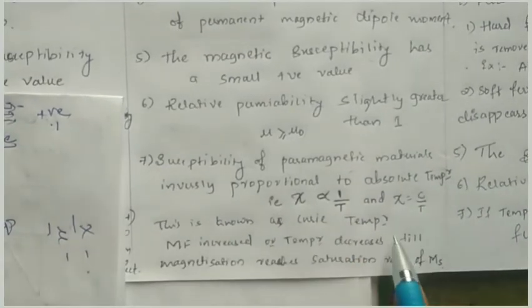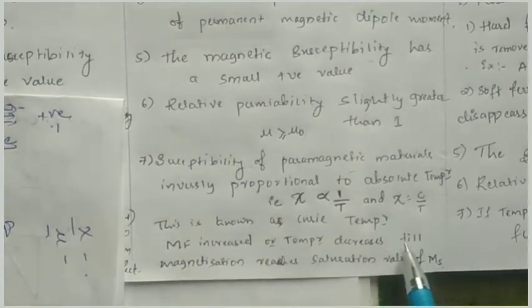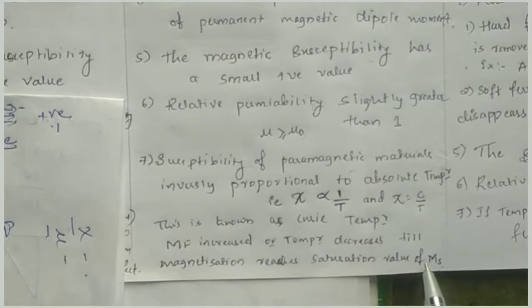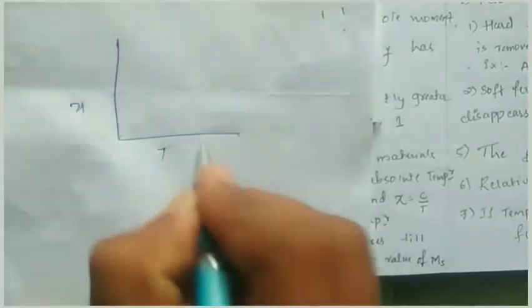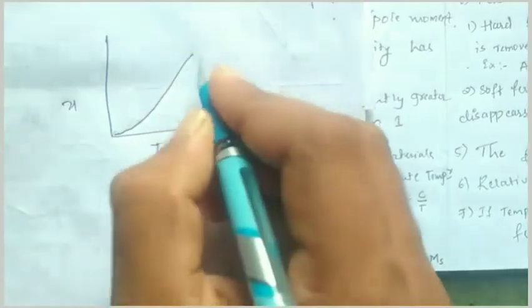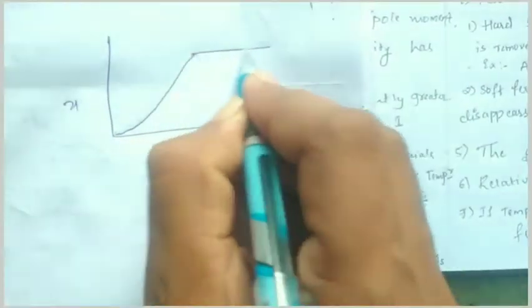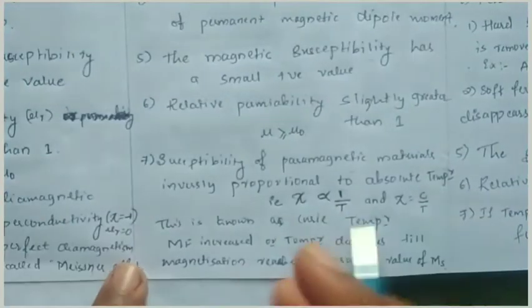So the magnetic field increases or the temperature decreases till the magnetization reaches the saturation value Ms. If you plot the susceptibility versus temperature graph, it increases up to a saturation level. After that it will be constant. After this point you have to take it as the saturation level.